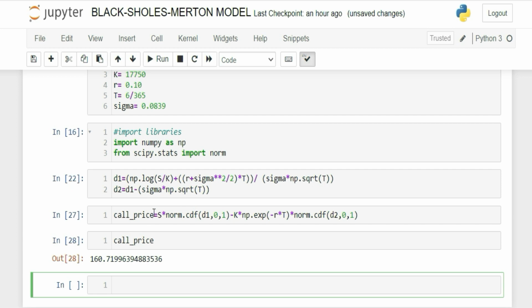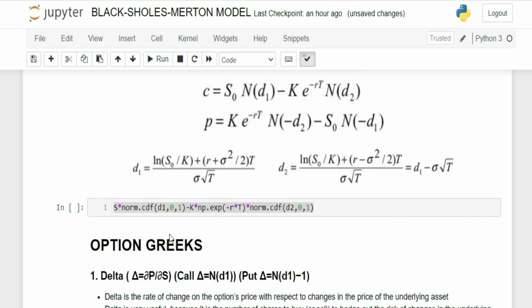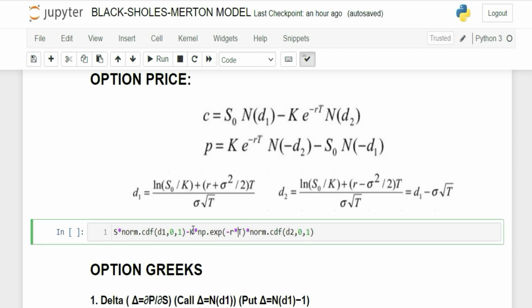Now see our put price. If you see the formula here, the logic behind is the spot price minus the expiry for the call, and here the expiry minus the spot price. So the minus will be here. This part will multiply with minus, so this D2 will be minus.